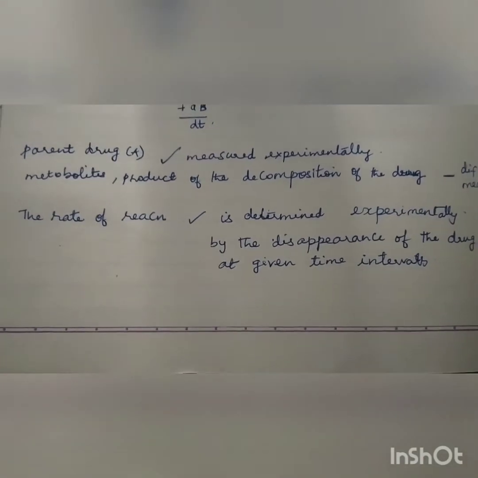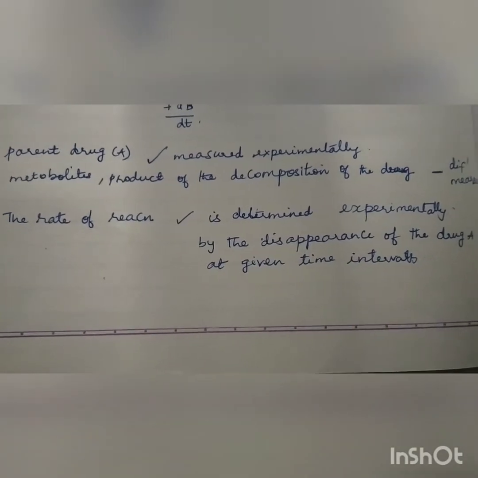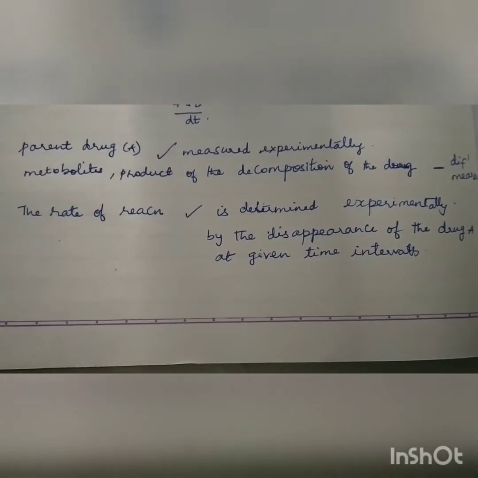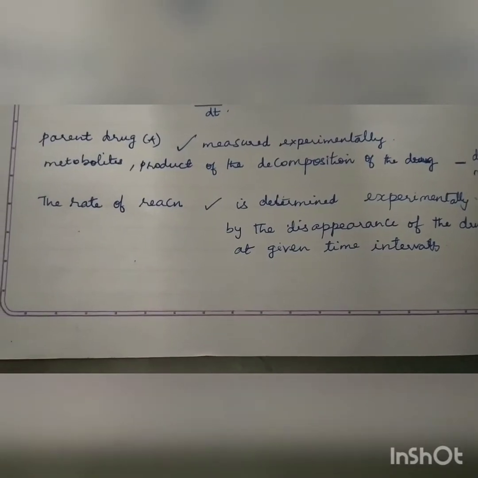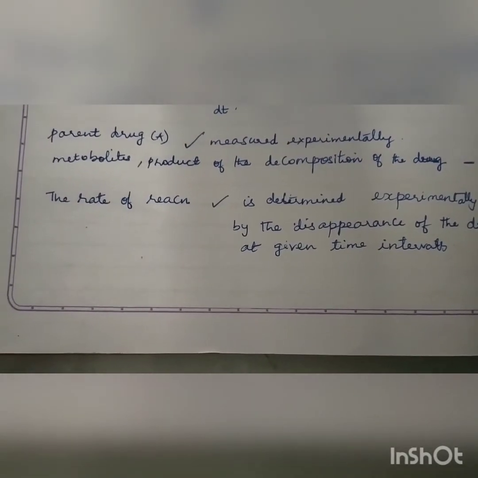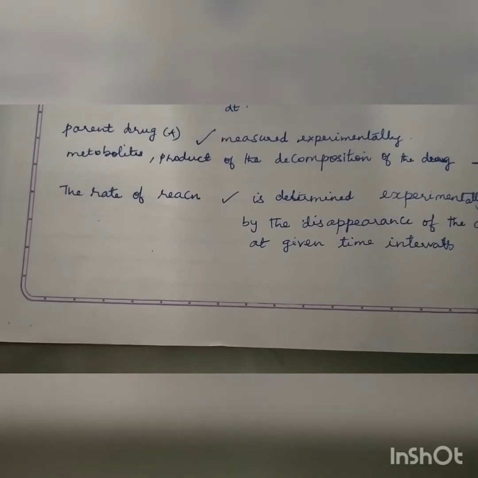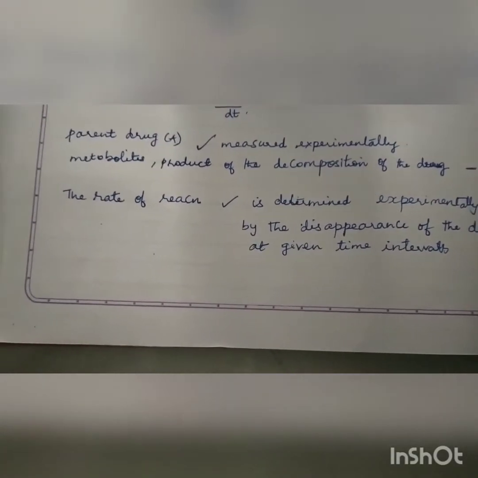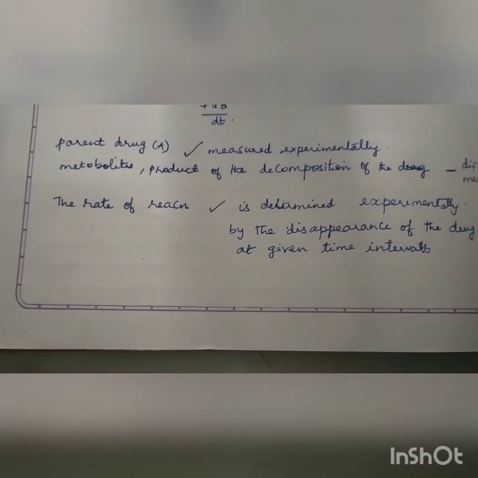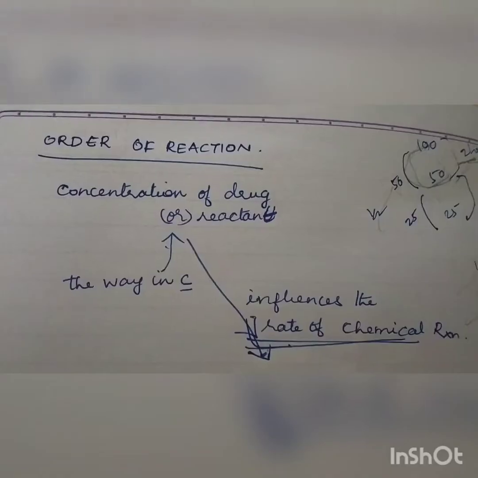How? By just determining the disappearance of the drug at given time intervals. In the sense, you can withdraw blood samples periodically and find out the amount of drug present in the blood. That is how the rate of reaction can be determined.